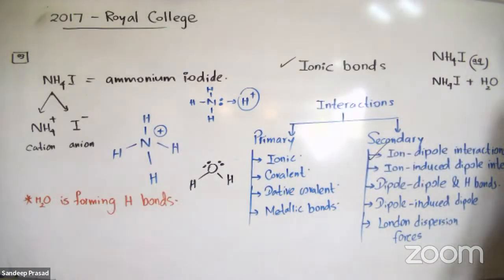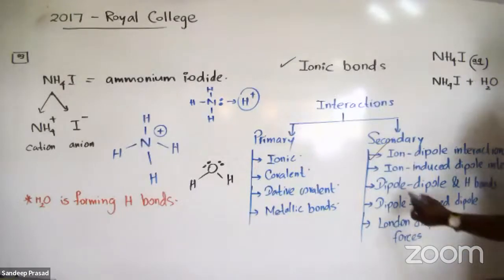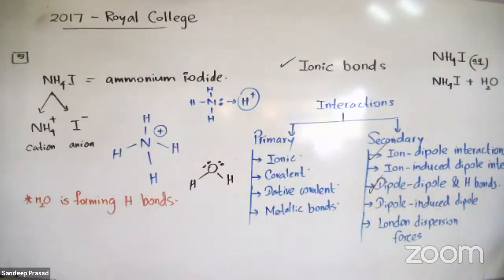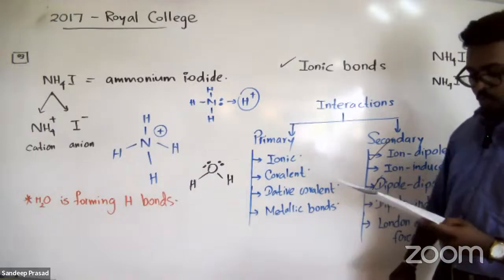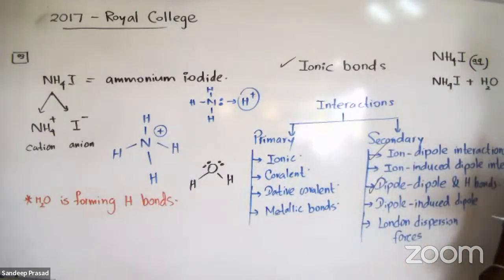So as you can see here, under the secondary interactions, we have ion dipole interactions and hydrogen bonds, right? In the answer, they have given the types of bonds present in an aqueous solution of ammonium iodide. A, covalent bonds. Is that correct? Yes. B, ionic bonds. Is that correct? Yes.